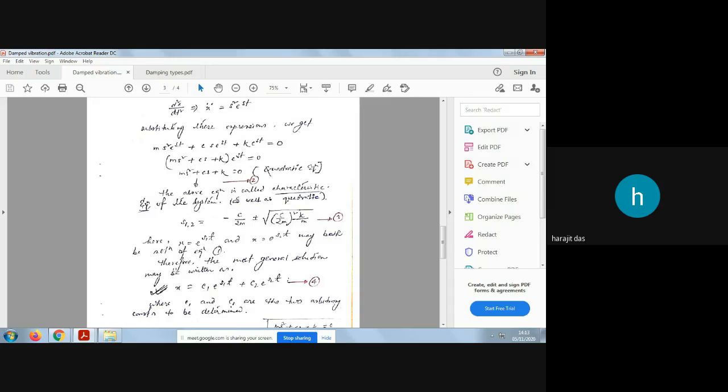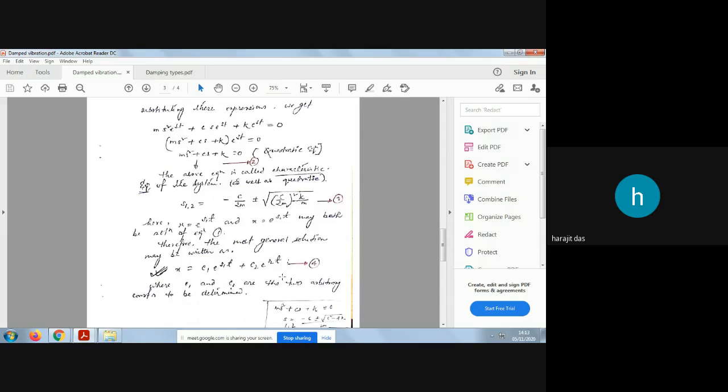So we will be writing the general solution as this one, where c1 and c2 are the constants to be determined. These are arbitrary constants. We should know the final solution of this type of damping system.